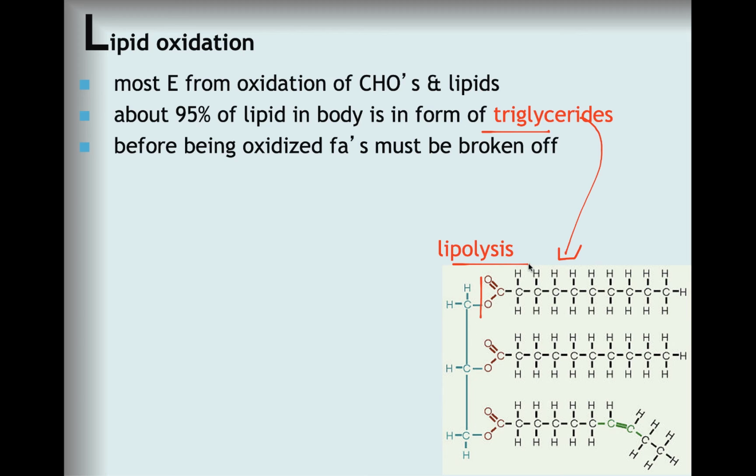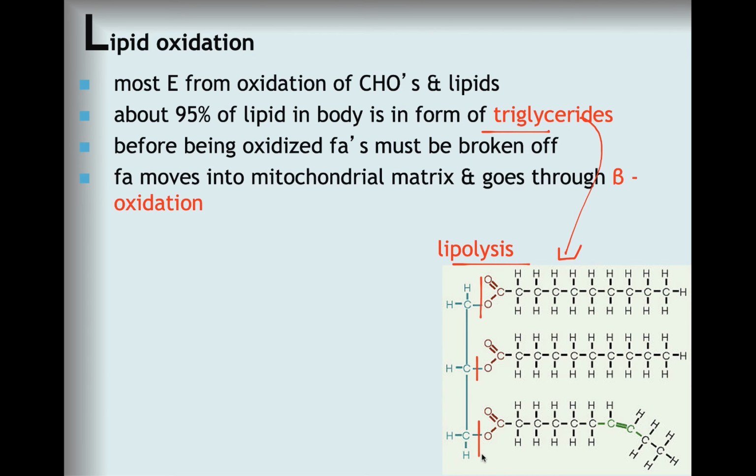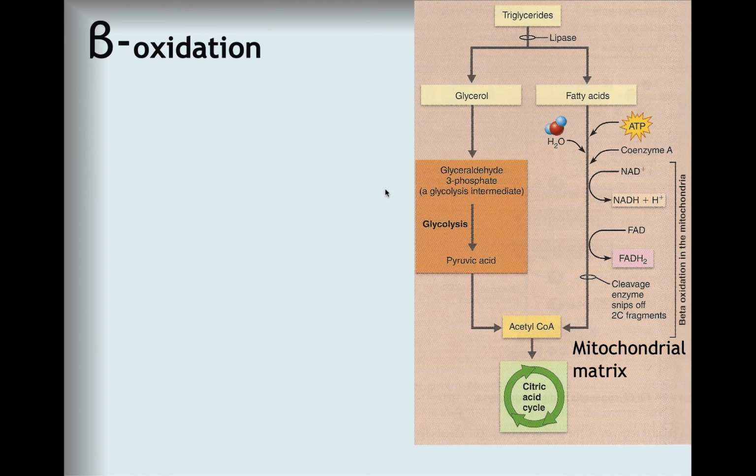This is just like the digestion of a fat in the GI tract. We're going to use a lipase and break the fatty acids off of this thing so that we can use them. The fatty acids are going to move into the mitochondrial matrix, and that's where they will go through beta oxidation. So again, you see the mitochondrial matrix, very, very important for reactions of energy metabolism.